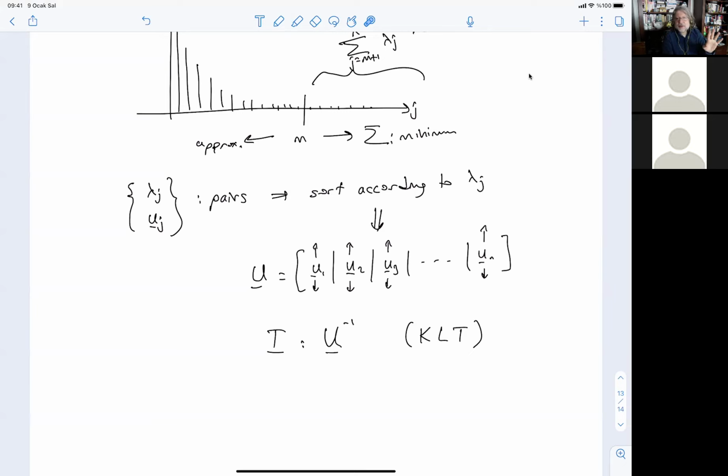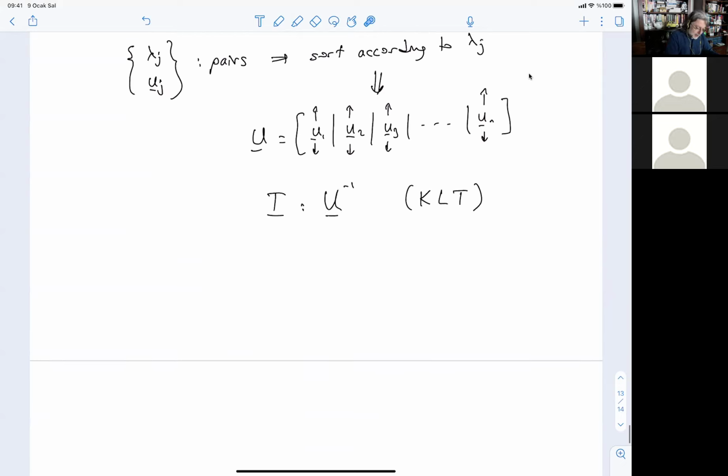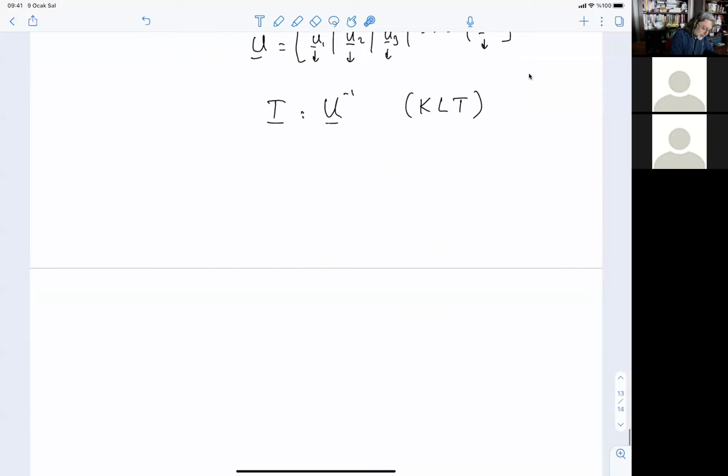And once you have the autocorrelation, you should be able to find the eigenvalues and the eigenvectors. And the question is, will you be able to do that? And the answer is clearly yes.